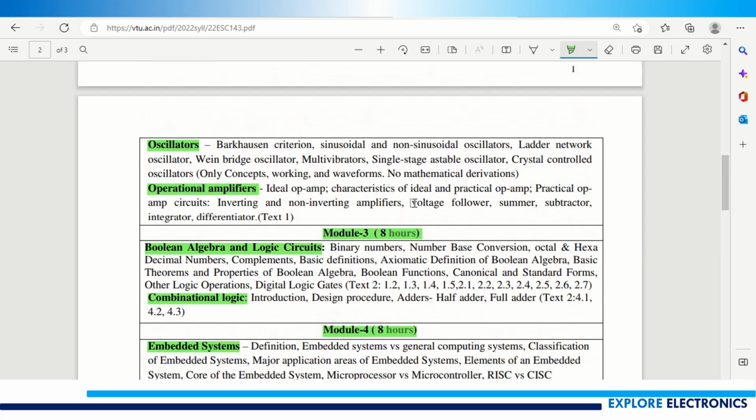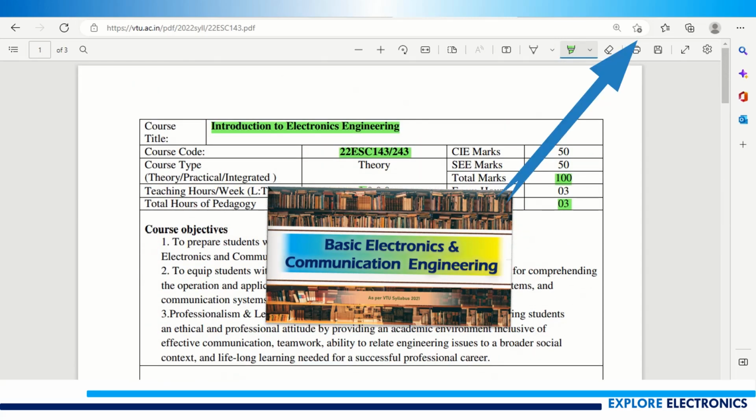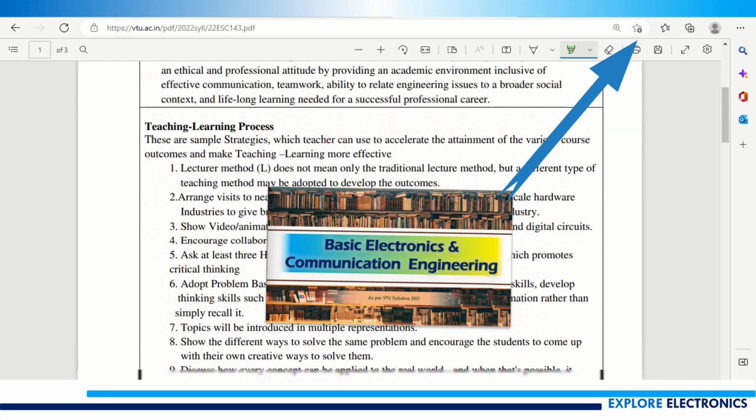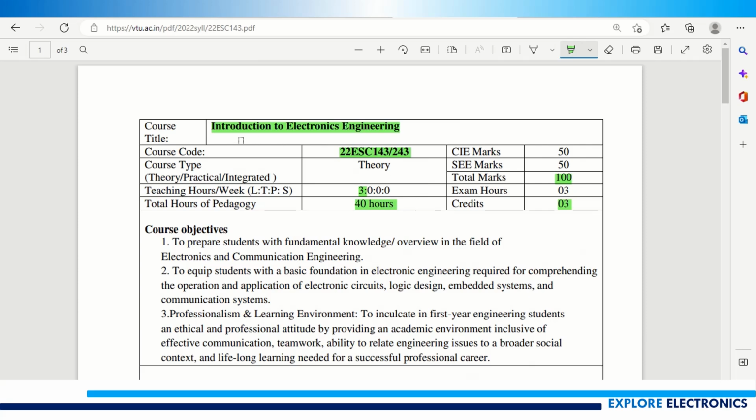If you look at this syllabus, it is almost similar to the previous basic electronics syllabus we had in the 21 batch, but the content is reduced. Why? Because this subject is for students of other branches, those who do not come under electronics and allied branches. This subject will be studied by computer science, civil engineering and mechanical engineering streams and related branches.